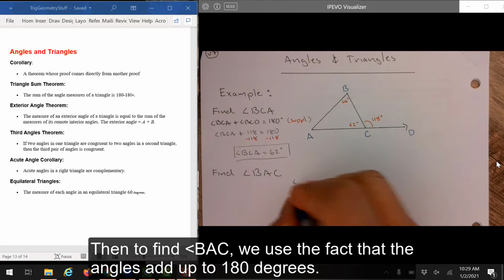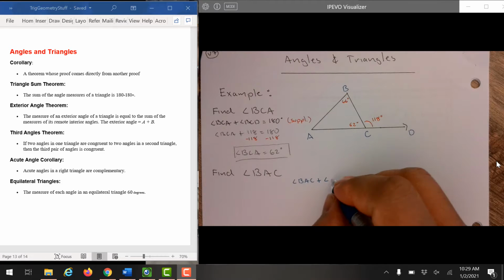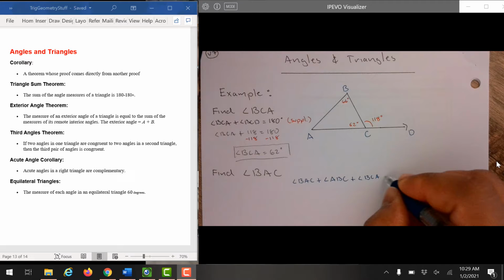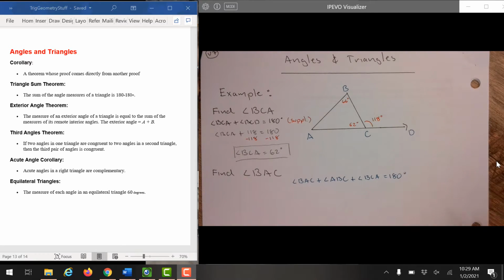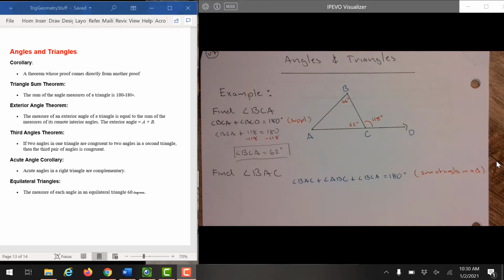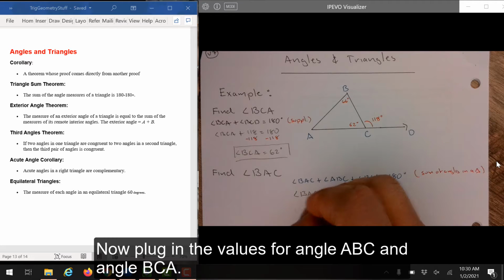Then to find angle BAC, we use the fact that the angles add up to 180 degrees. Now plug in the values for angle ABC and angle BCA.